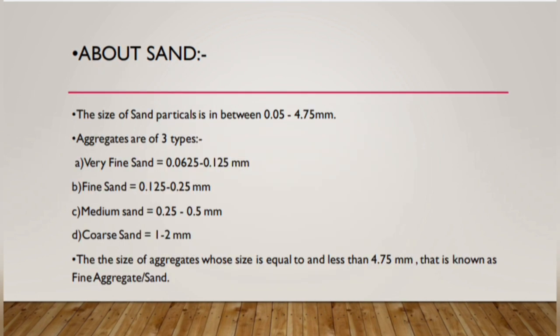About the sand: the stone particle which has a size of 0.05 to 4.75 mm is known as sand. There are types of sand: very fine sand 0.06 to 0.12 mm, fine sand 0.125 to 0.25 mm, then medium sand 0.25 to 0.5 mm, then coarse sand 1 to 2 mm.